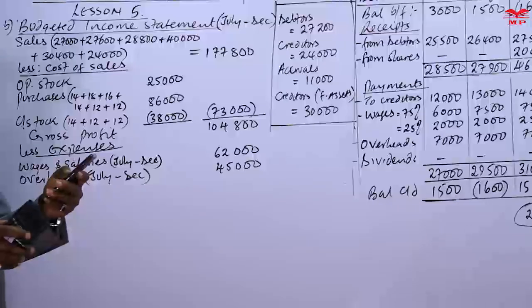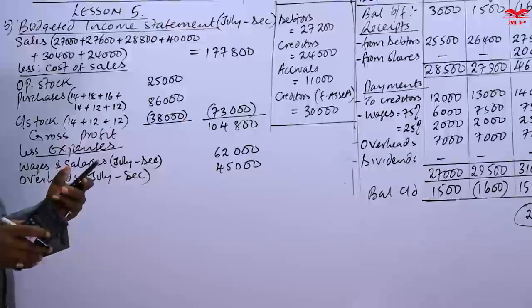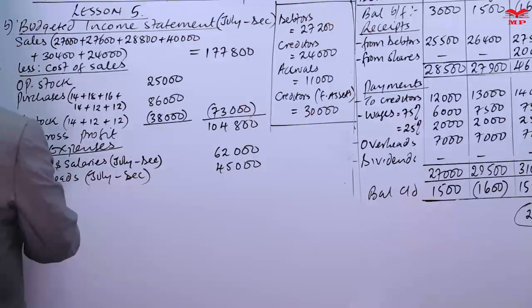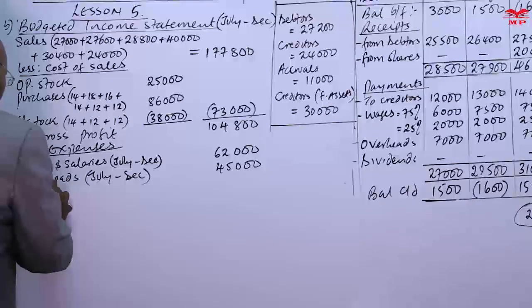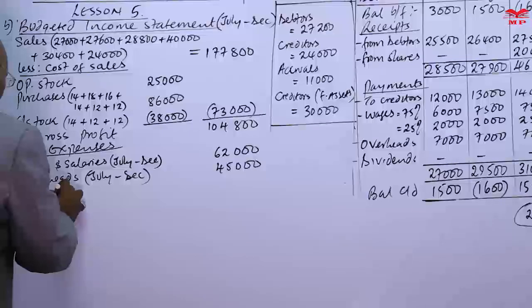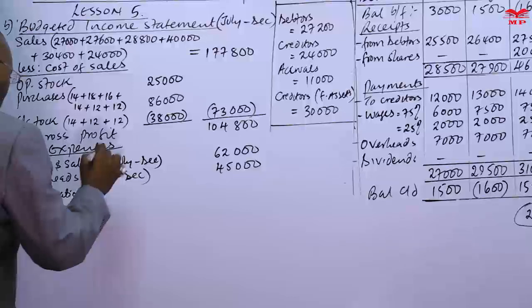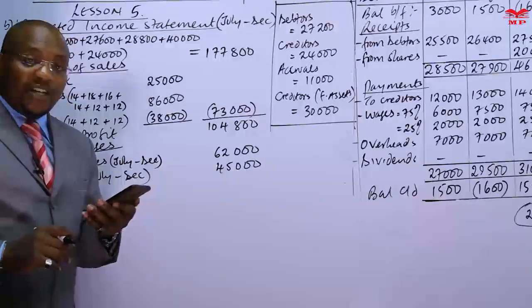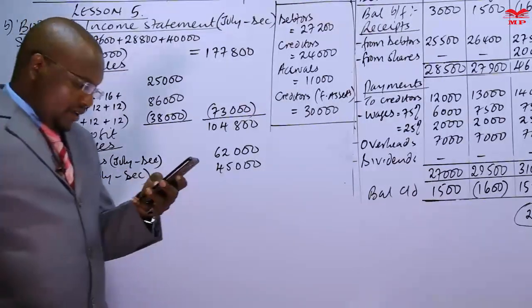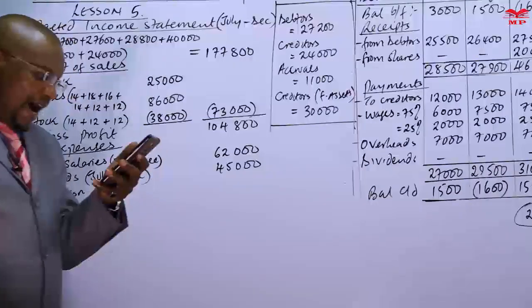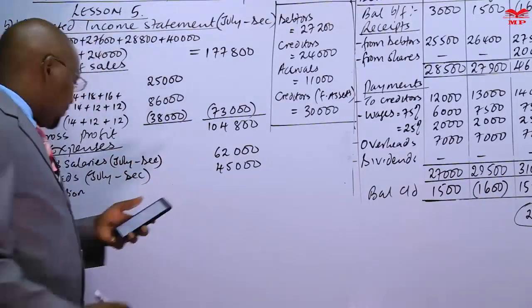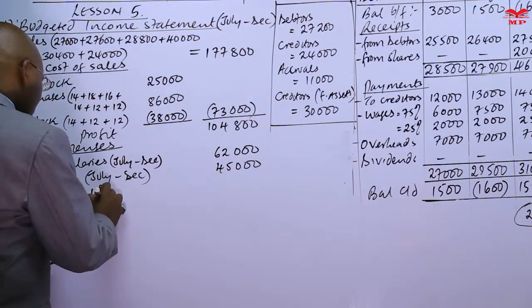We have no other expenses as like interest. We don't have interest, but at least we have the depreciation. Now depreciation, we are told that we are to charge 10% per annum on straight line basis. So we are going to have 10%.